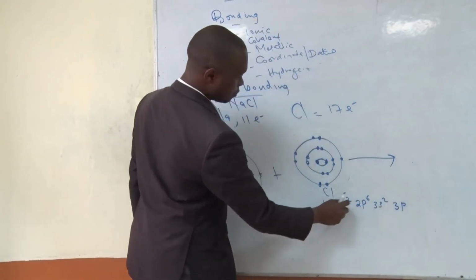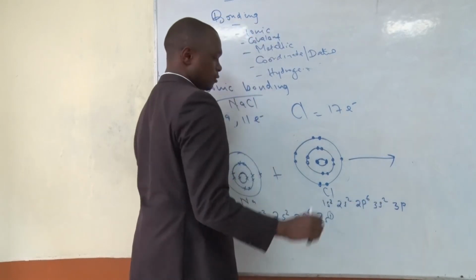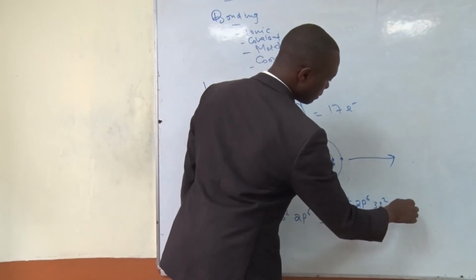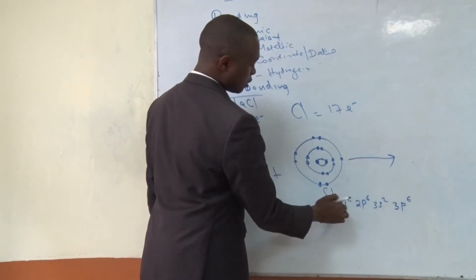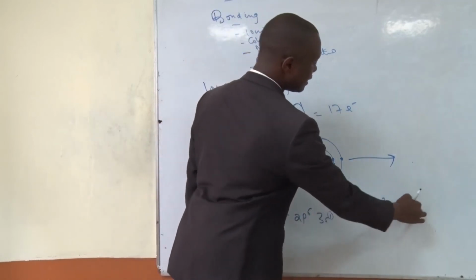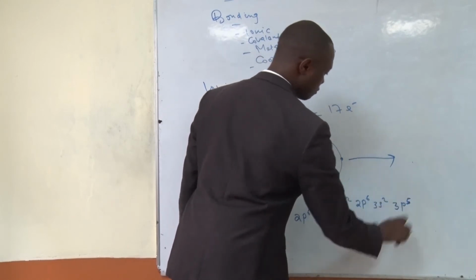The p can hold a maximum of 6. When we add this together, 2 plus 2 plus 6 is 10, 12, 18. And remember, it is supposed to be 17, so we make it 5.